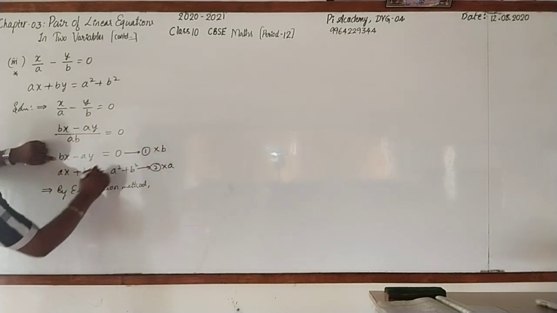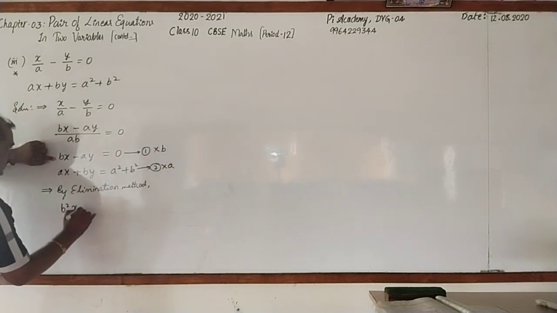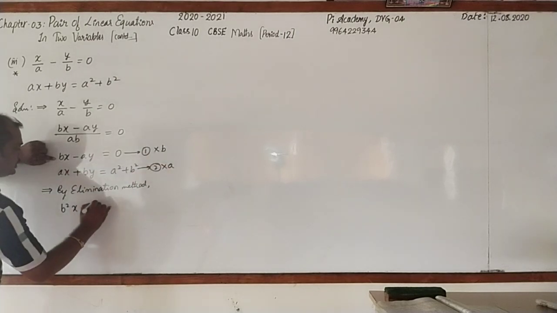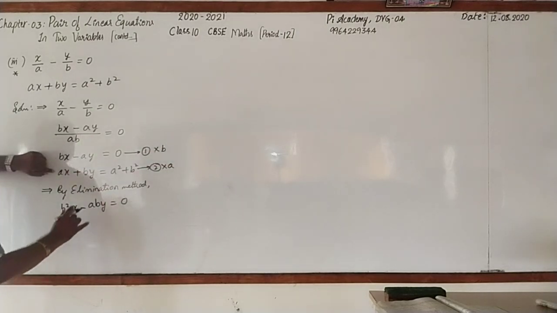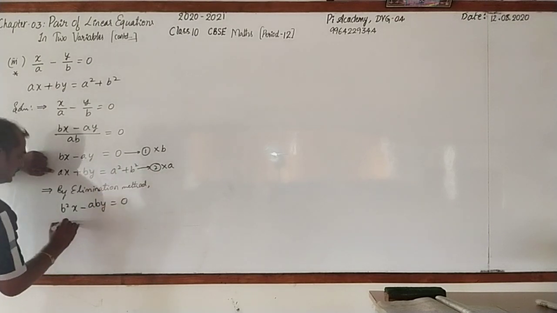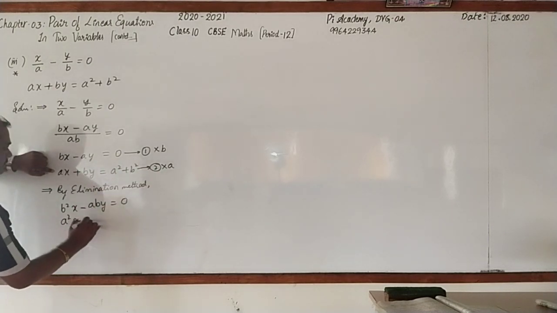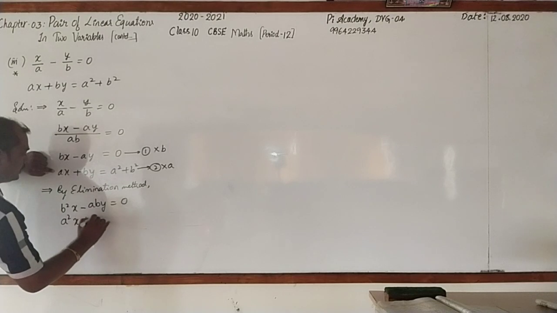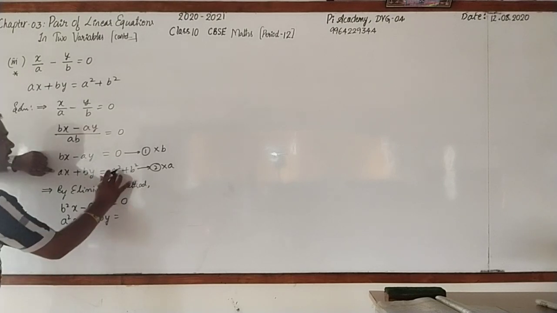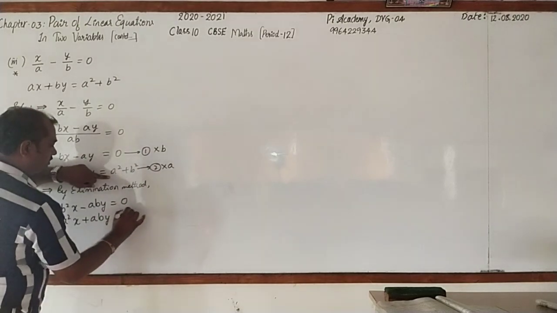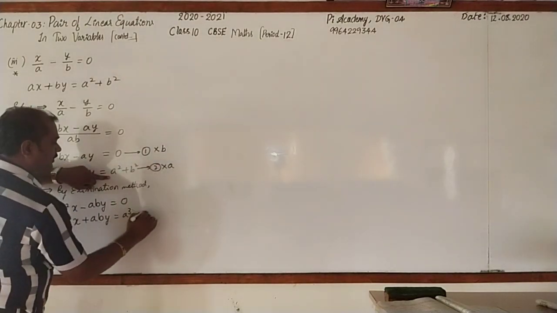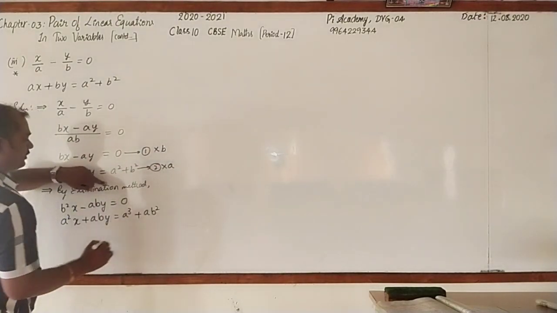Now b into b, it is b square x. a into b, it is aby minus. 0 into b, it is 0. Next, a into a, this is a square x, plus b into a, aby, is equal to a square with a, it is a cube, b square with a, it is ab square.